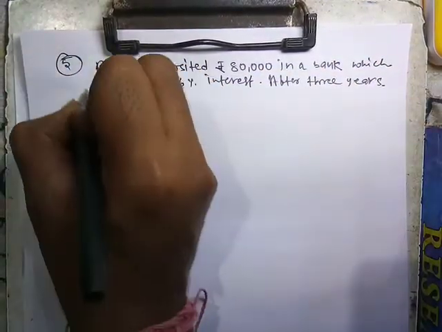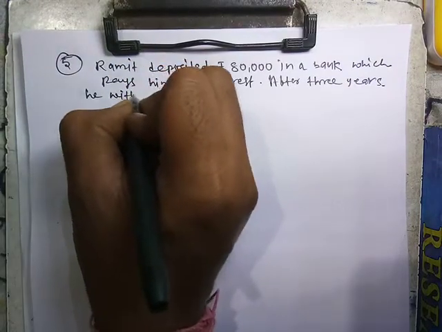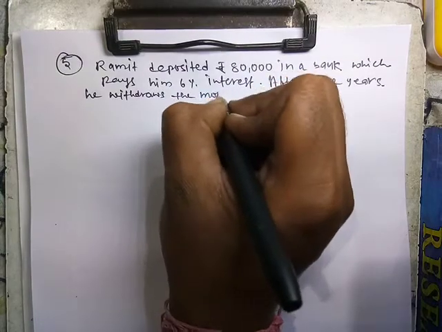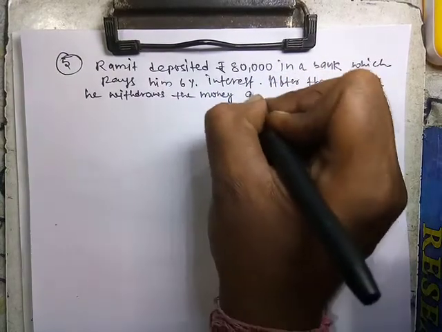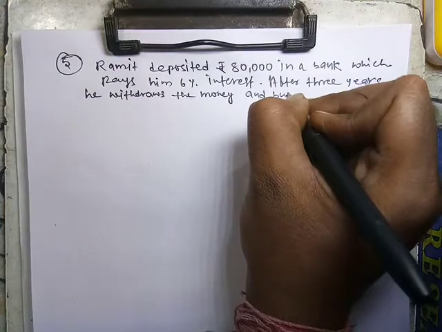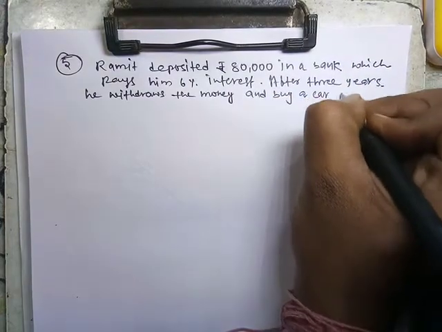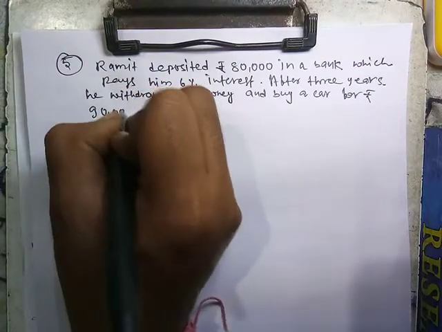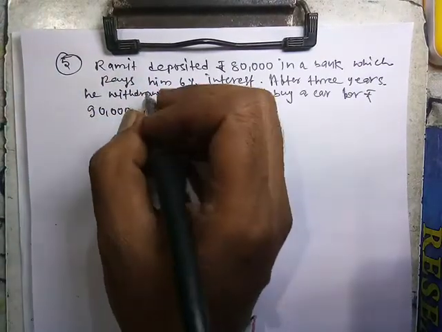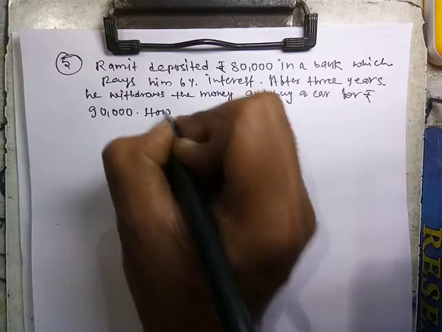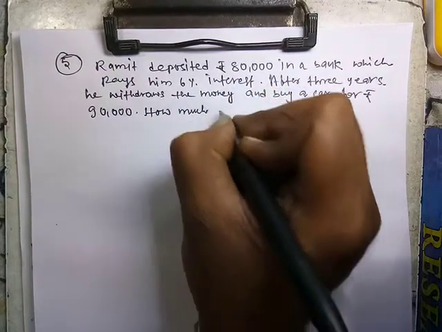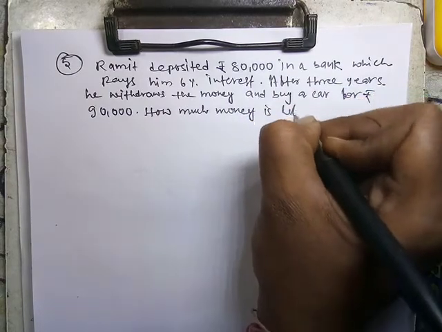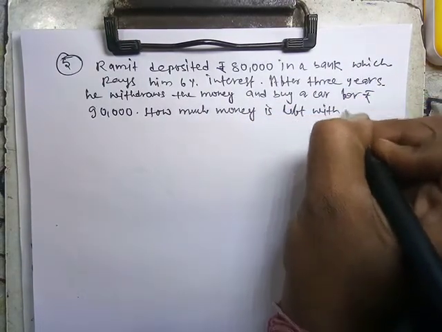He withdraws the money and buys a car for rupees 90,000. How much money is left with him?